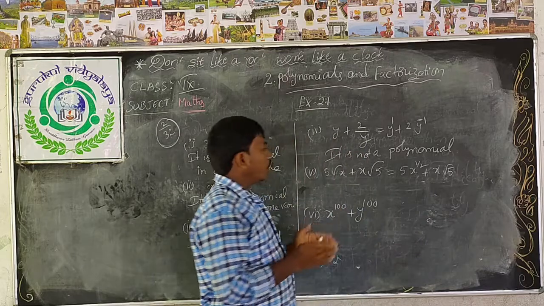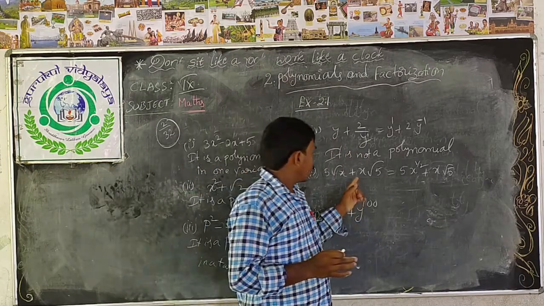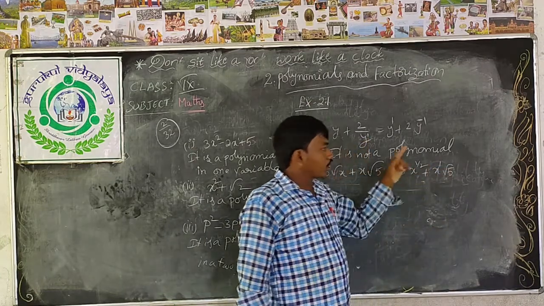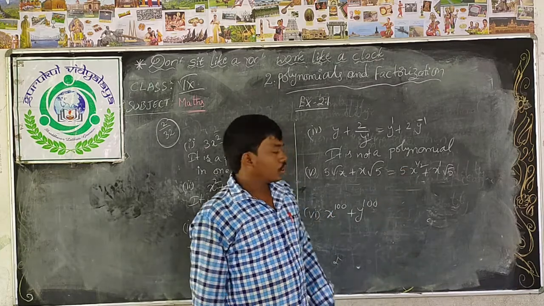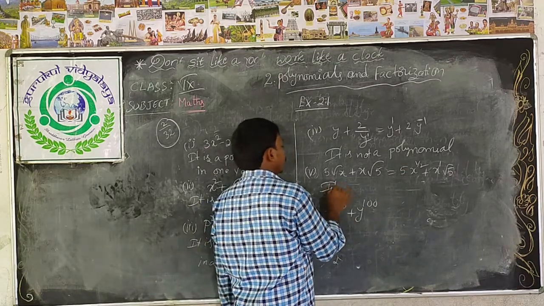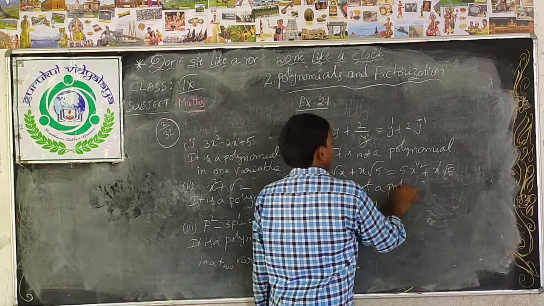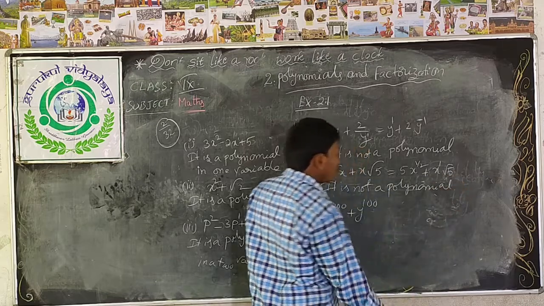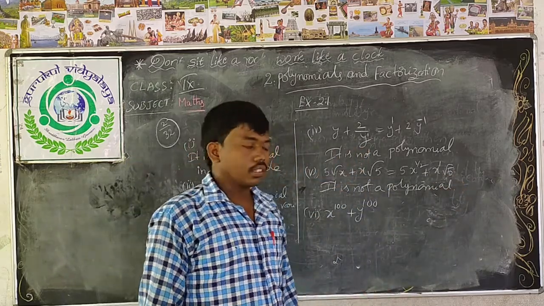See, only the variable decides whether a given expression is a polynomial or not. As children, this is the power 1 by 2, this is 1. Are both whole numbers? No. This is a fraction, not a whole number. So it is not a polynomial, because the power is a fraction.